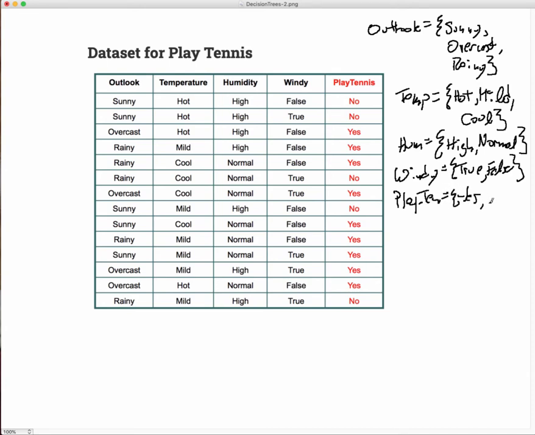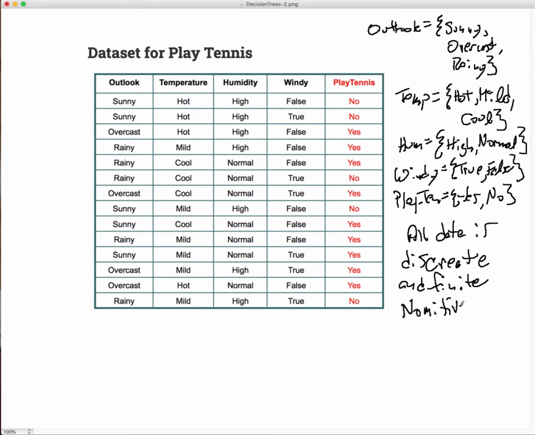So the first thing to note here is that all data is discrete and finite. Notice over here in this entire table, we don't see a number anywhere. So data scientists, AI people, they have a word for this.